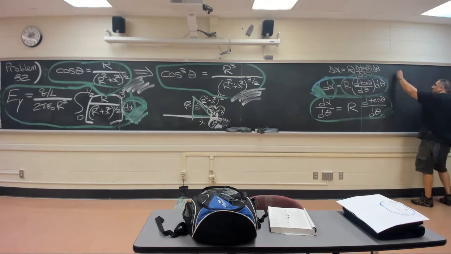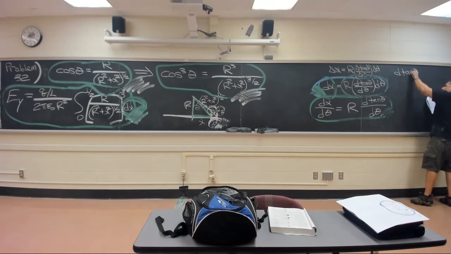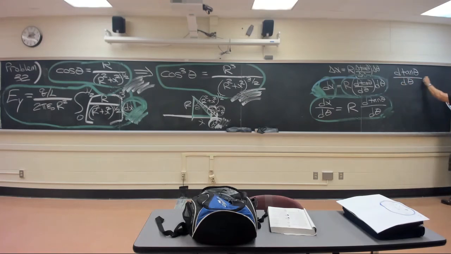Well, by the way, what is d tan theta d theta? D tan theta d theta is d of sine theta over cosine theta, all of that d theta. This is the quotient rule.